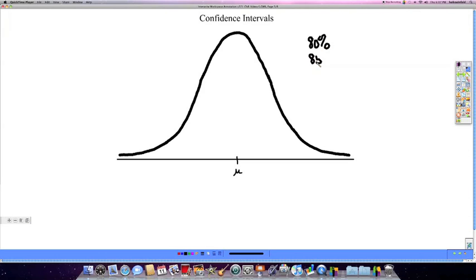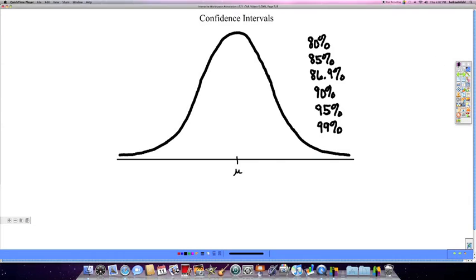I've seen 85%. One that is in your problem set is 86.9%. Also 95%, and 99% confidence intervals.